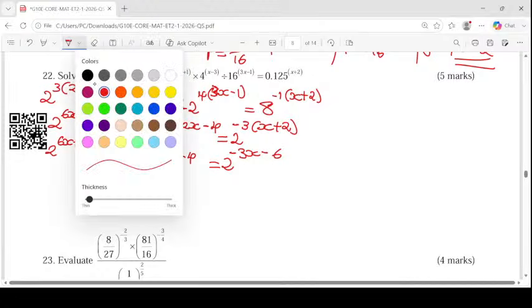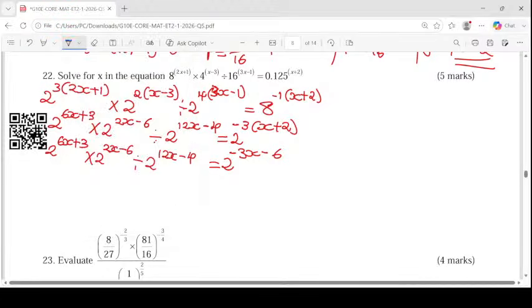There is a law that says a power m times a power n is like saying a power m plus n.